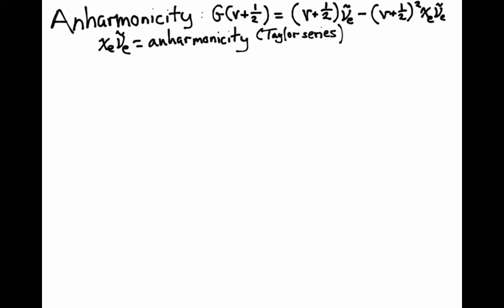In other words, xe is going to be a lot less than 1. If nu e is 1,000 wave numbers or something like that, we expect xe nu e to be a few wave numbers. So xe is going to be less than 1% or something like that. So it's a very small number, but spectroscopy can measure light frequency to extraordinarily high precision, and so it does matter, and it matters in a lot of ways.